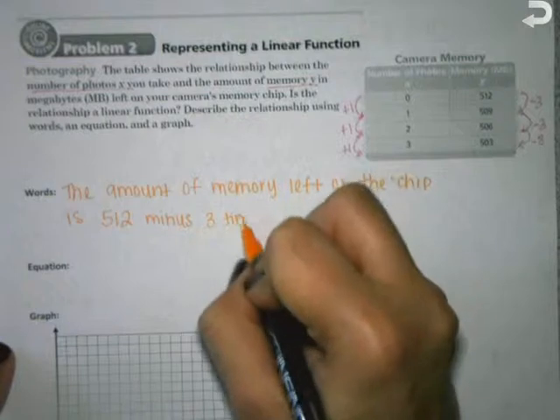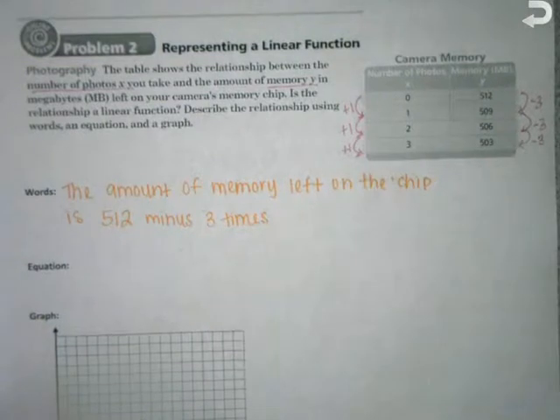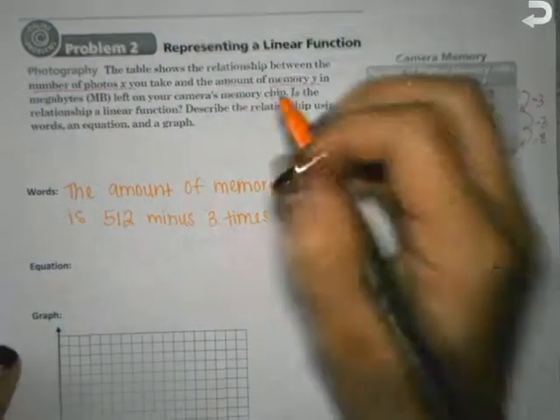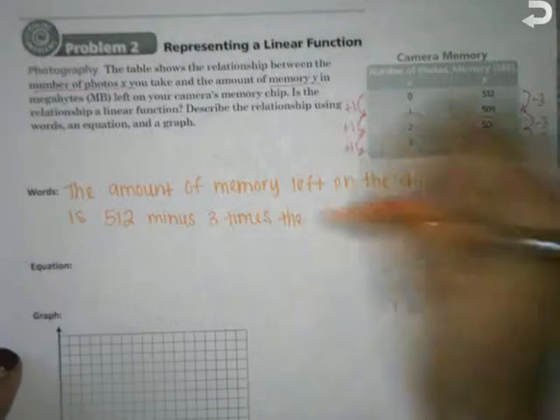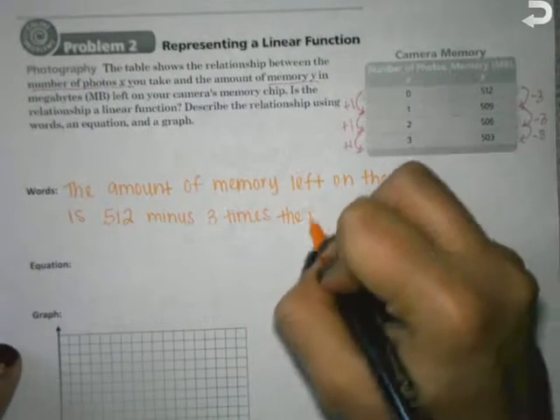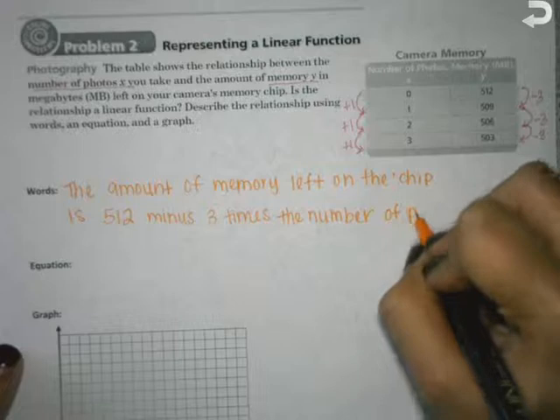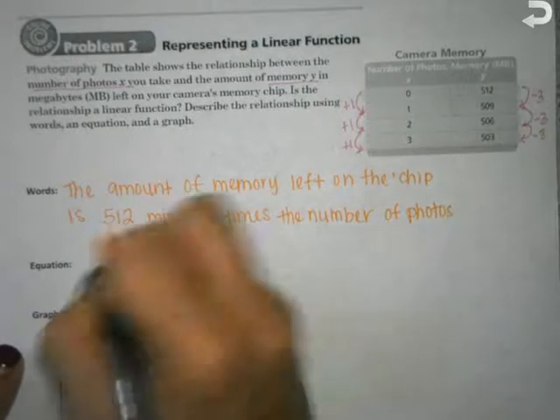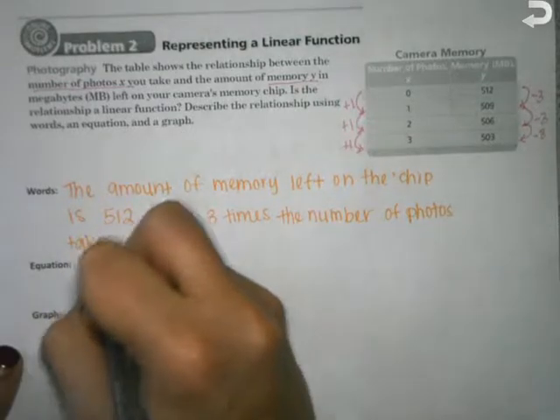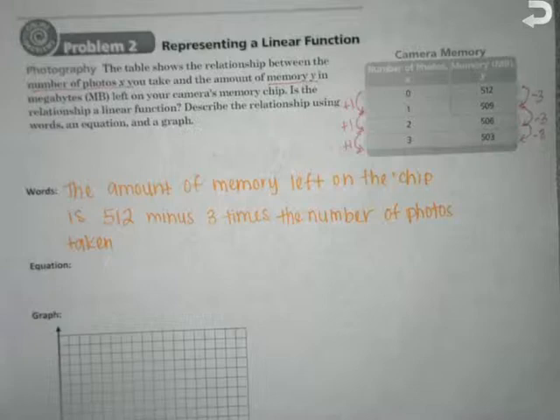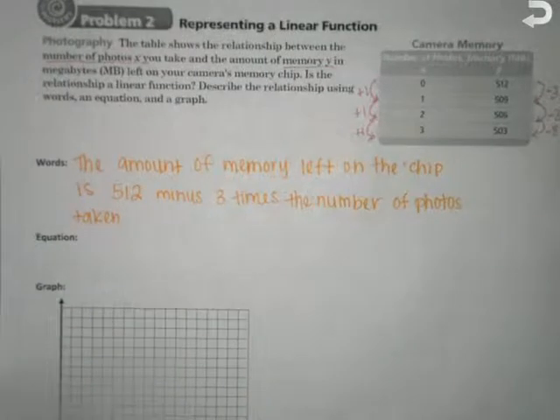You can't use X in your words because we don't know what X is. It's 3 times, what is X? The number of photos. Okay, so the amount of memory total left on the chip is 512 minus 3 times the number of photos taken.